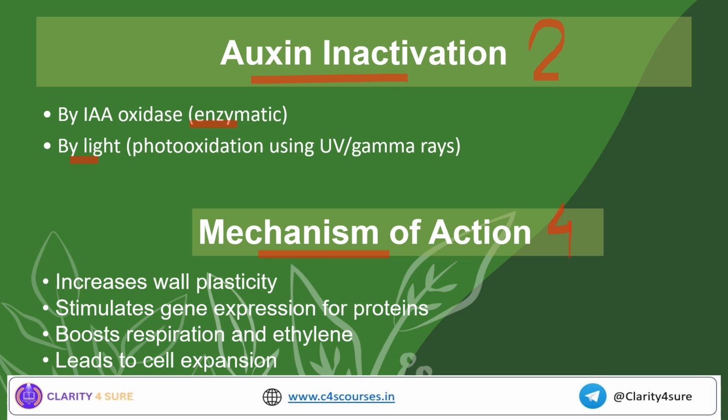In enzyme, IAA oxidase, which is the enzyme, helps in breaking down the auxin in the presence of oxygen and produces CO2 and water. Okay, and by light, with the help of UV or gamma rays, we can degrade auxin. This is also known as the photooxidation process.